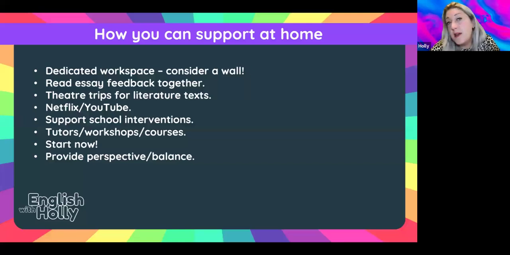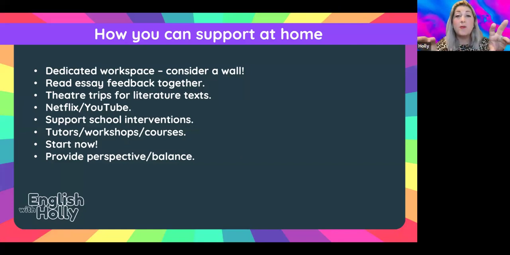So a dedicated workspace, of course, is going to be really important, somewhere where your team can always quietly work, if possible. I know it's not always possible. And I consider a wall. Some of you may have come to my Facebook Live during the exam season last year, and I walked students through how to do a quote wall.